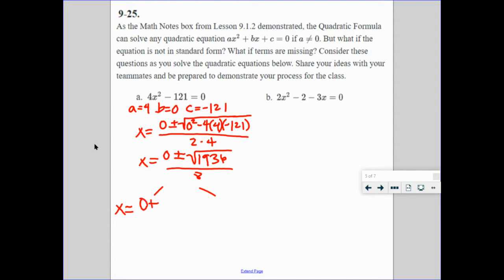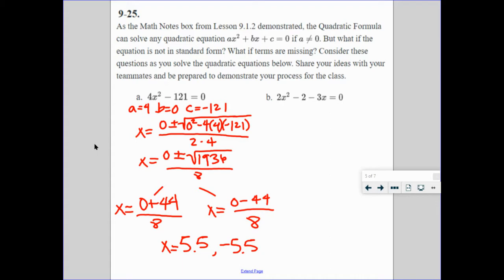Since it's a whole number, I put that into my calculator, and the square root of 1,936 I found is a positive 44. So we have 0 plus 44 over 8, and x equals 0 minus 44 over 8. Cool? So your final answers, you should get x equals 5.5 and negative 5.5.